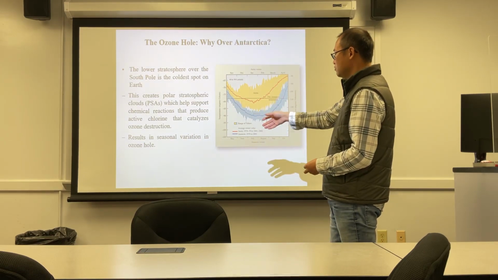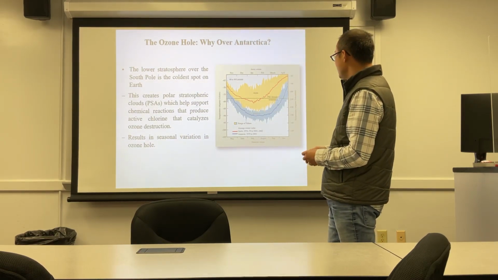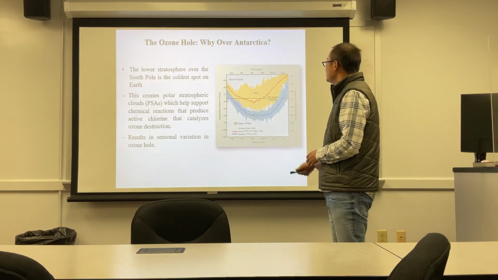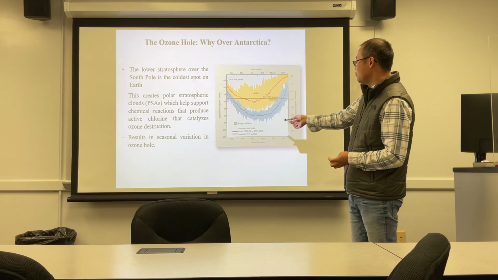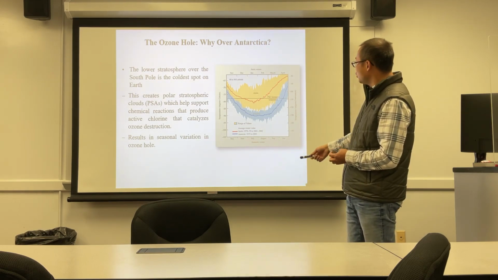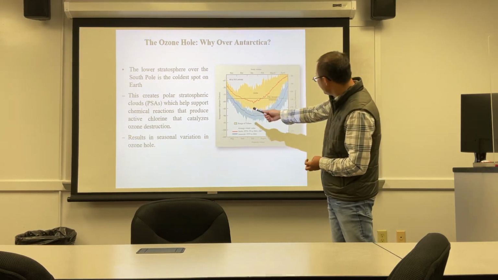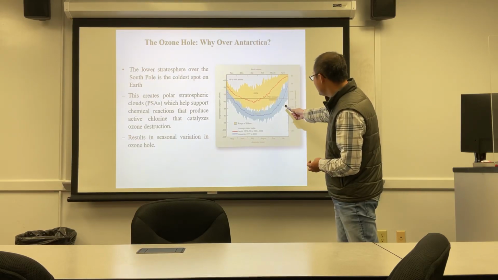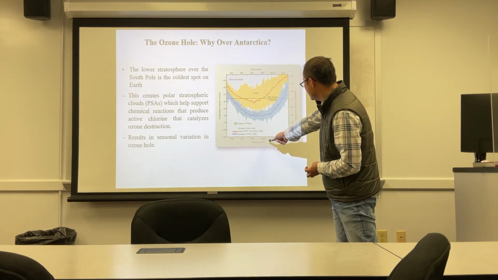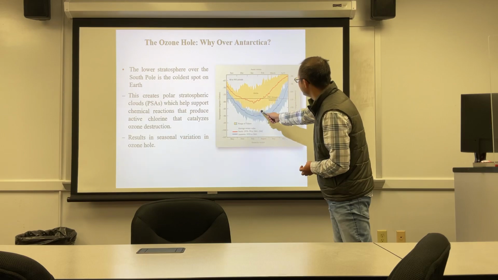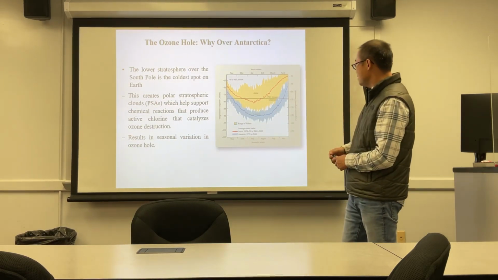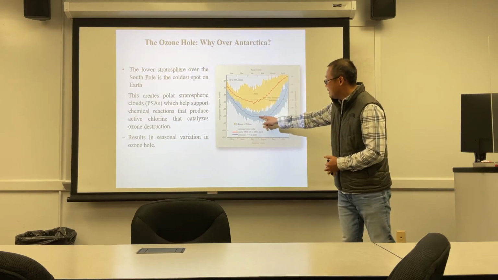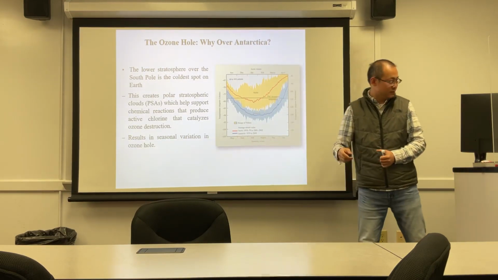That results in seasonal variation of the ozone hole. This picture shows the seasonal variation of chlorine concentrations and temperature. During different seasons, you can see the ozone concentration is lowest around June, July, and also lower in Antarctica than the Arctic.